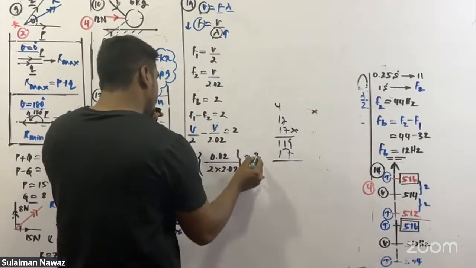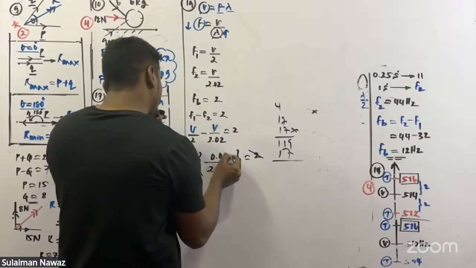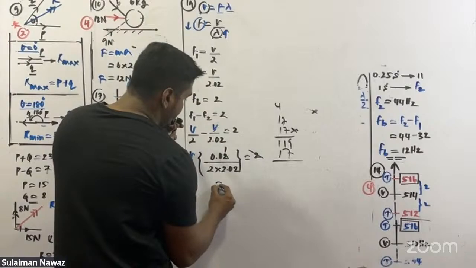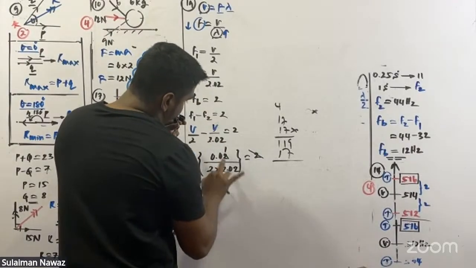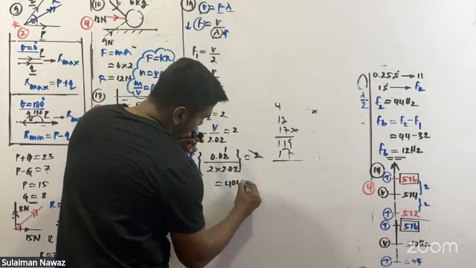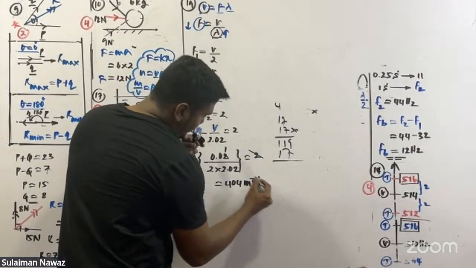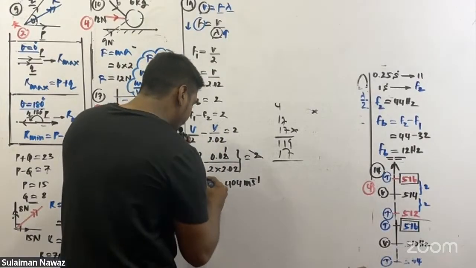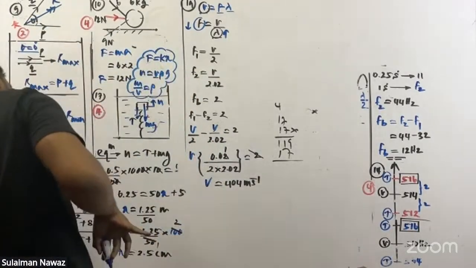When you simplify it, 0.01, how much are you getting for V? 404 m/s. If I'm wrong, tell me. 404 m/s. You just do the simplification. Your V is 404.